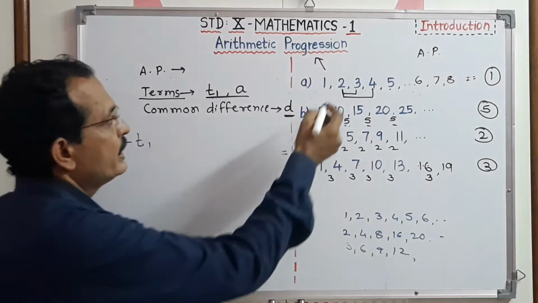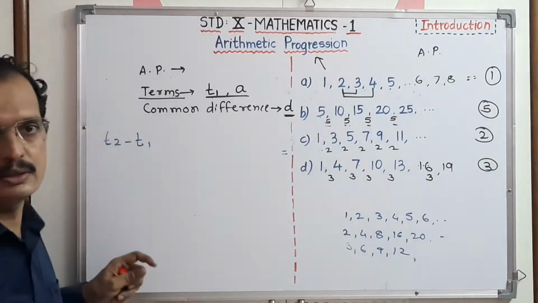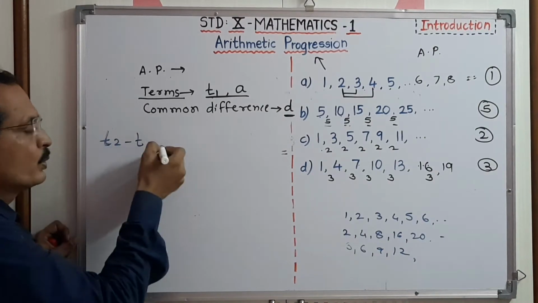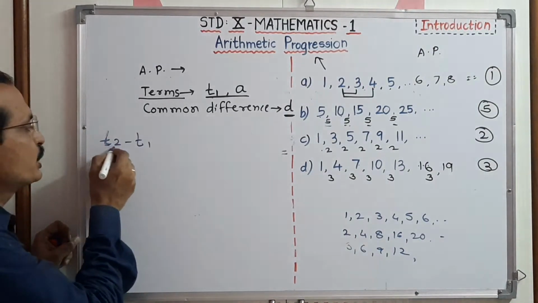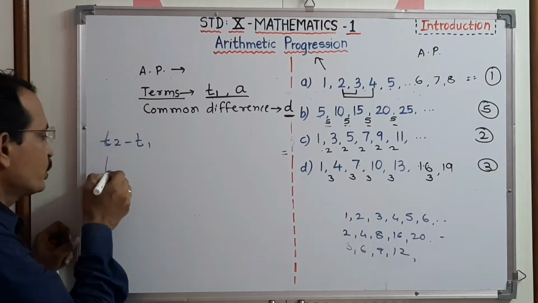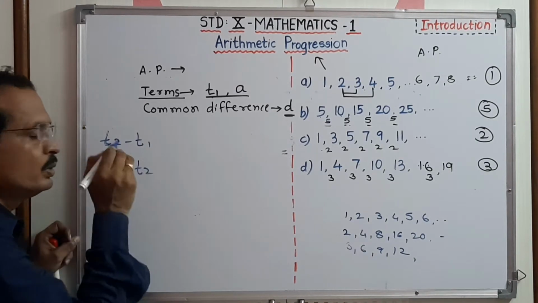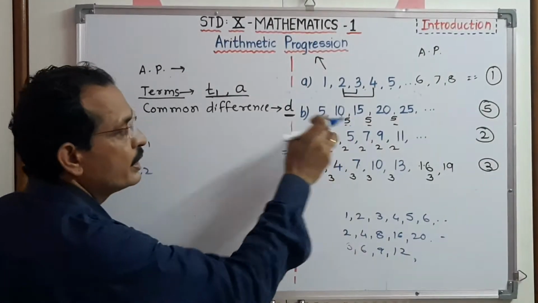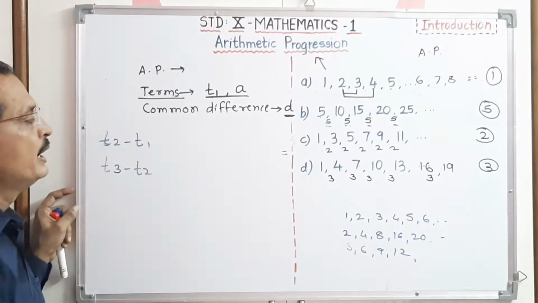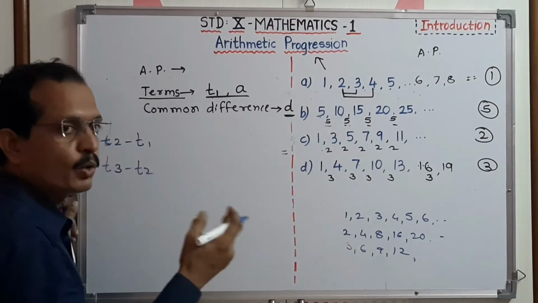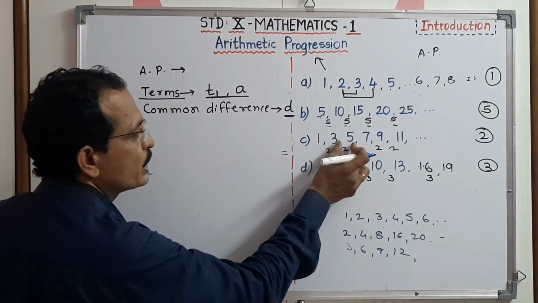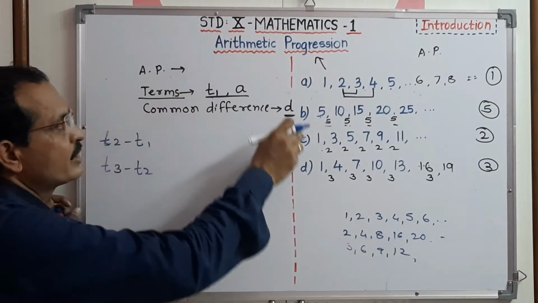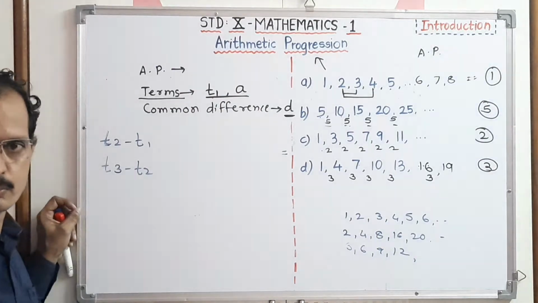That means from the next term we have to subtract the previous term, that is, from the second term we subtract the first term, T2 minus T1. Similarly T3 minus T2. Like this we can find the common difference between two consecutive terms, and this common difference remains constant between two consecutive terms.